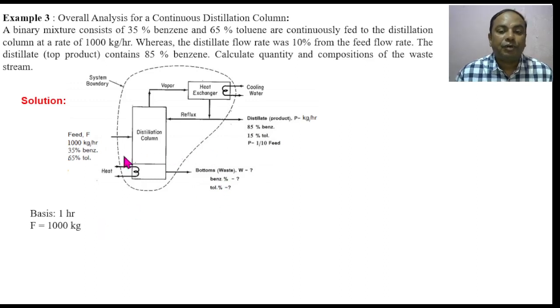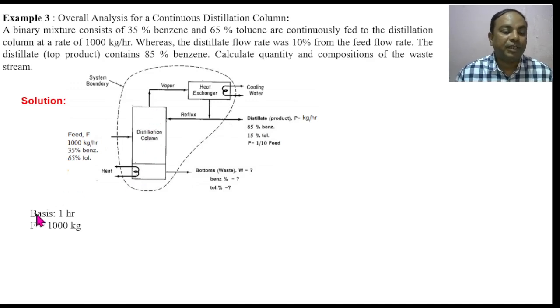So first of all we will find out this P, that is the total amount of distillate that is leaving the distillation column in the form of vapors.